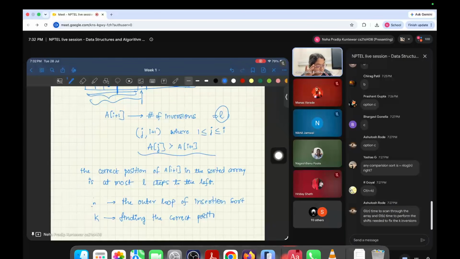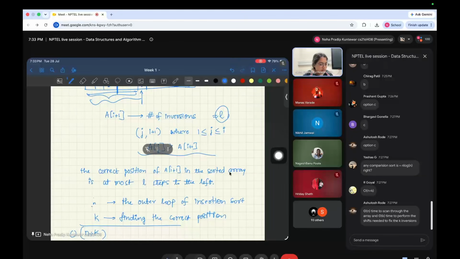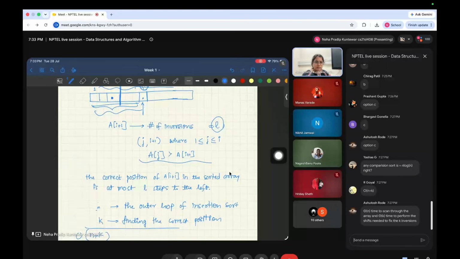So altogether you are incurring a cost in the worst case of order n plus k. So I think that is consistent with what you had in mind. But if there are any questions, let me know.